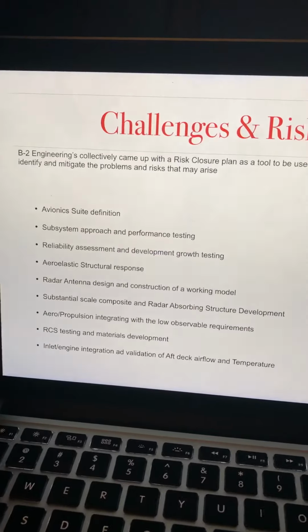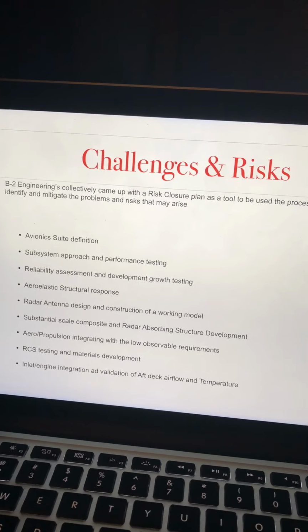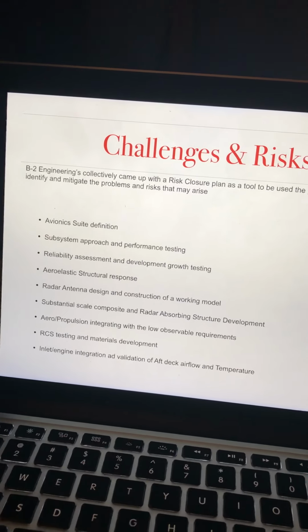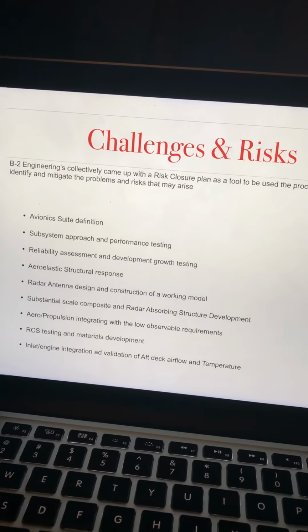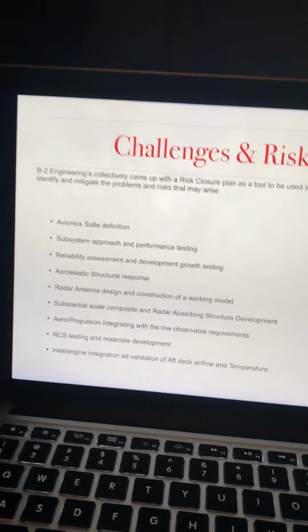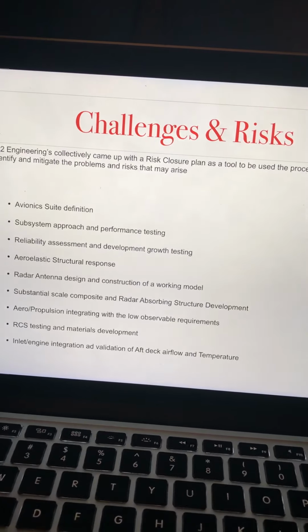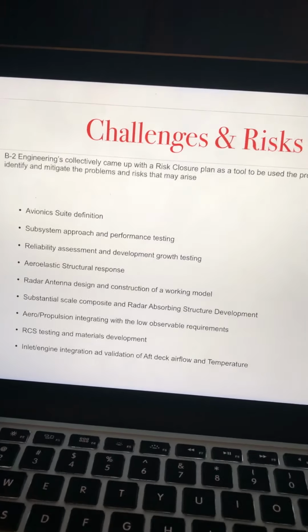They're given in bullet points: avionics with definitions, subsystem approach and performance testing, reliability assessment and development growth testing, aeroelastic structural response, radar antenna design and construction of a working model, substantial scale, composite and radar absorbing structure development, which were mentioned in the engineering development phase in order to minimize the RCS, the aero propulsion integrating with the low observable requirements, the RCS testing and materials development, the inlet engine integration and the validation of aft deck airflow and temperature.